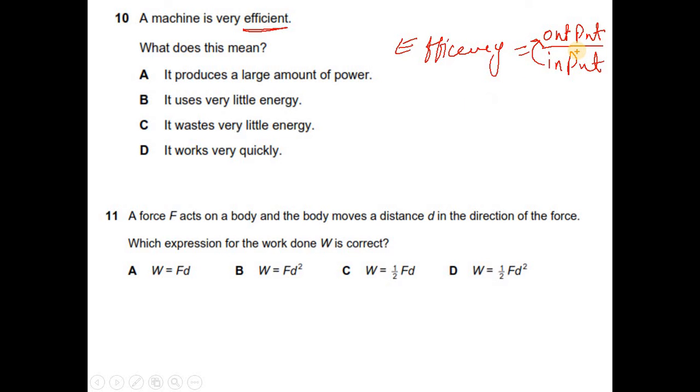It has nothing to do with power or the use of little energy. It doesn't matter how much energy is used. It's all about how much output energy or power we get from a machine, or how small an amount of energy is wasted. So option is C.